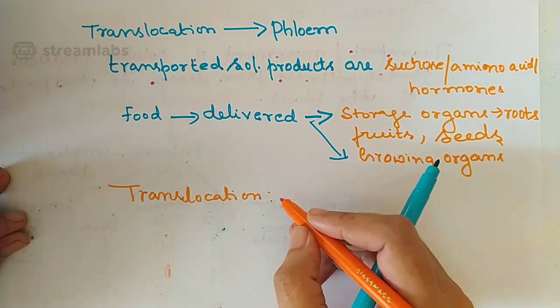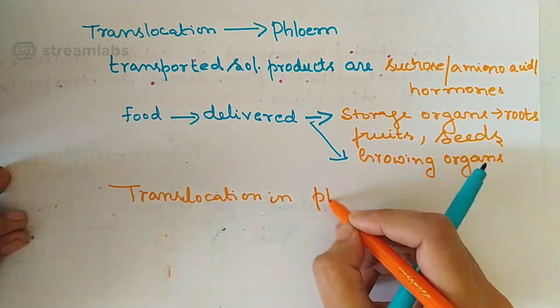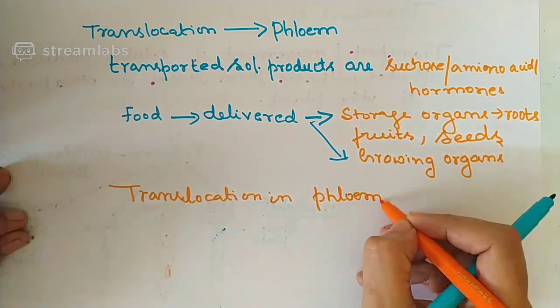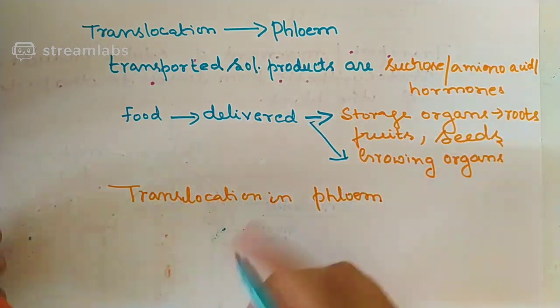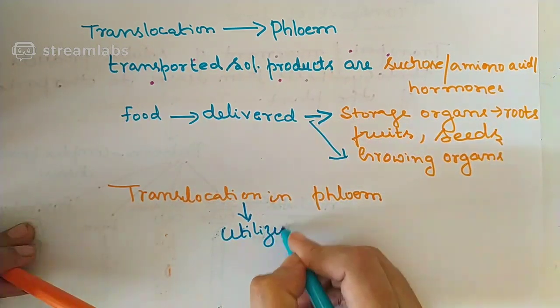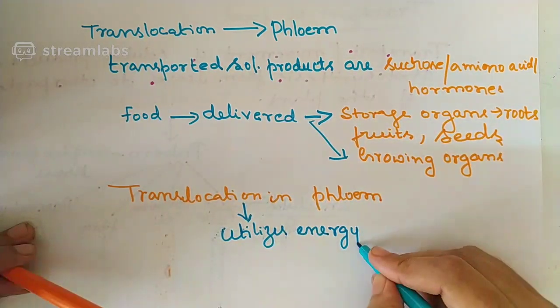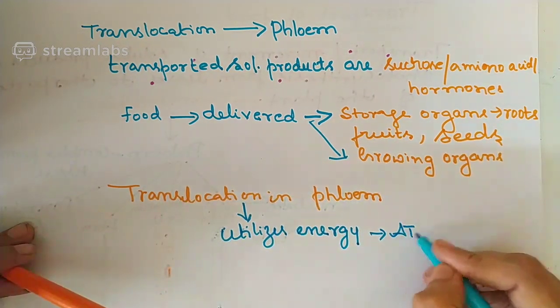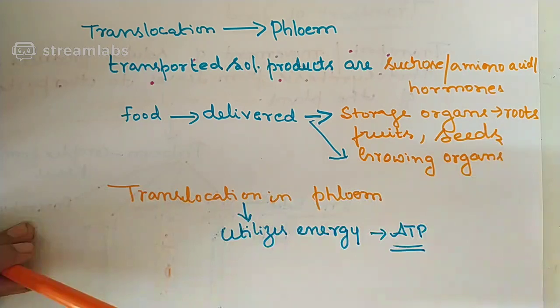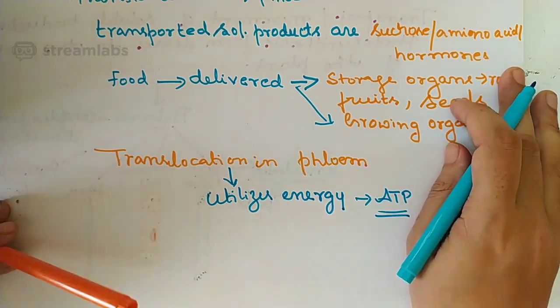This translocation in phloem utilizes energy. Which form of energy? ATP.